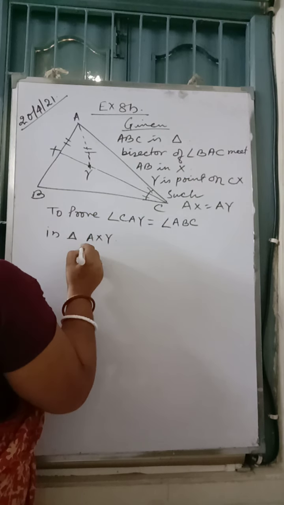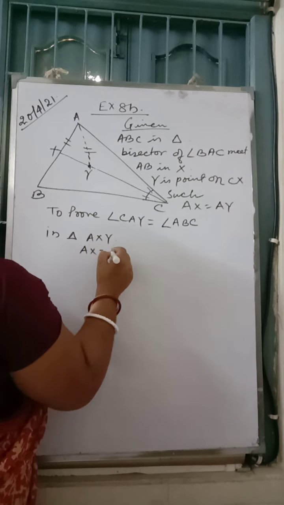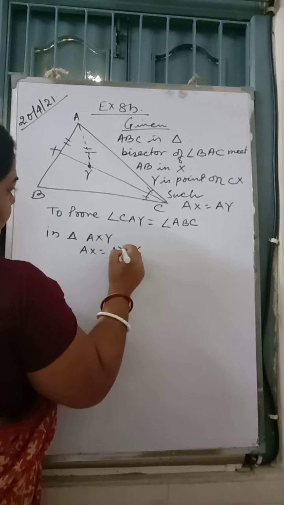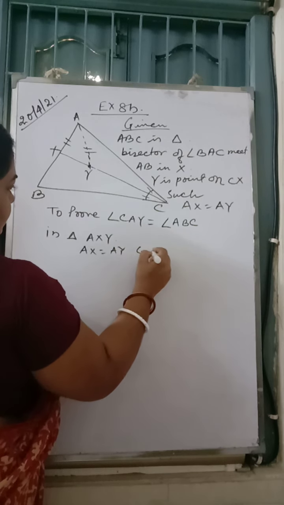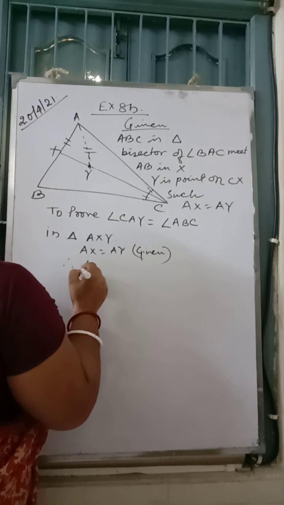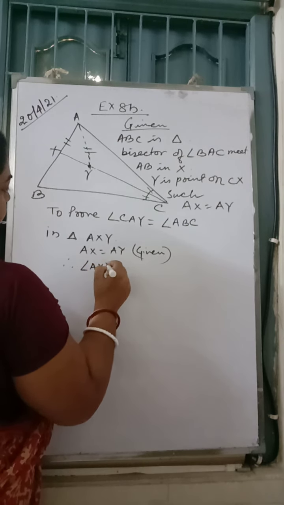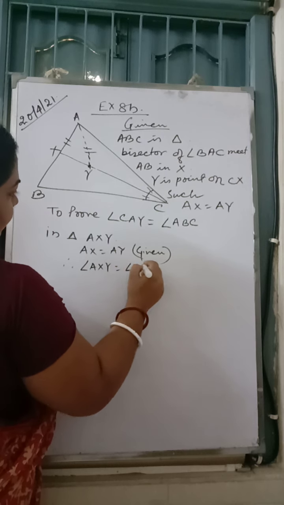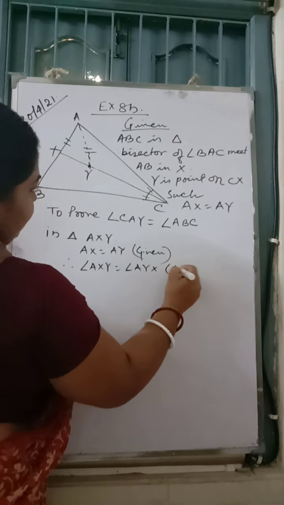Okay. So first of all, in triangle AXY, AX is equal to AY, given. So angle AXY will be equal to angle AYX, base angles.